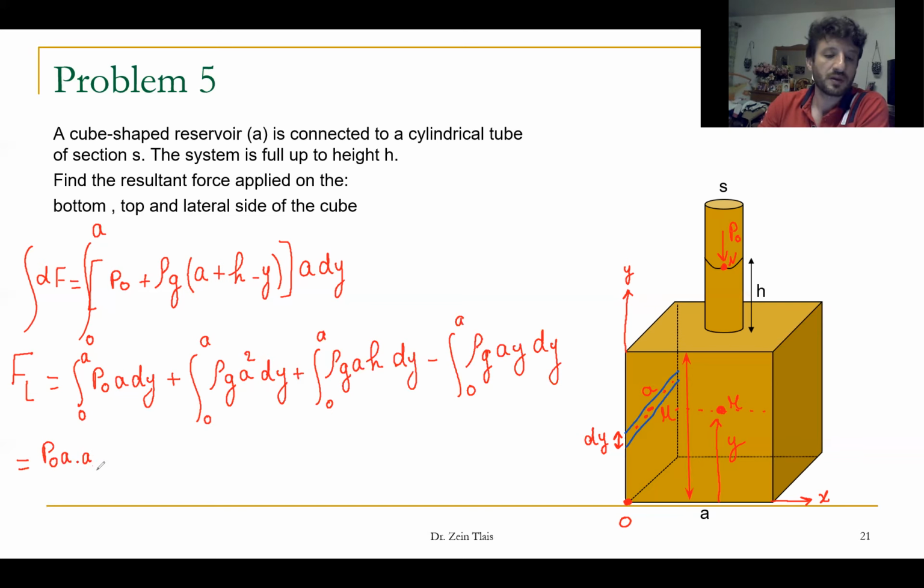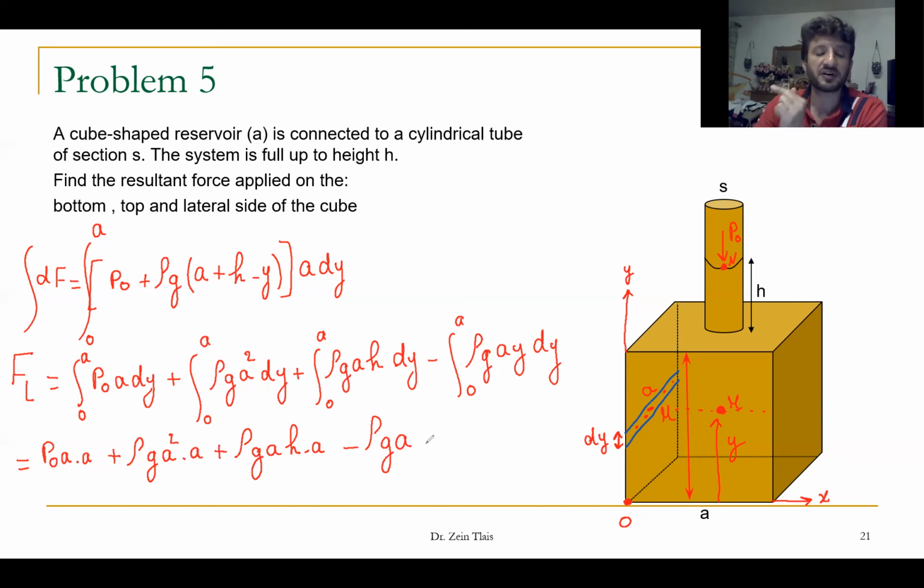We have a square anyway, plus rho g a square dy, we have y equals a, we have a cube, plus rho g a h, the integral of dy equals y times a, minus rho g a, the integral of y dy equals y squared divided by 2.